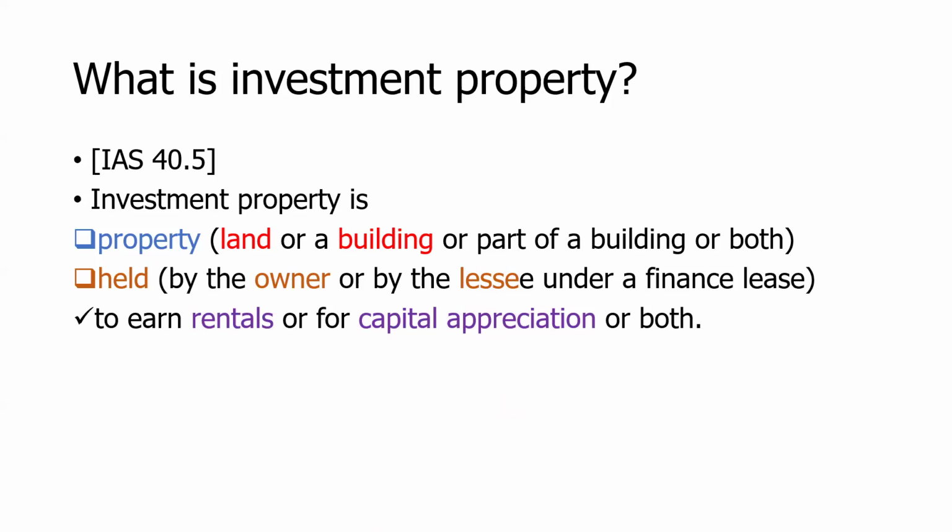So on the face of your financial statement, you have to separate investment property from PPE and also from intangible assets. We also have a standard for intangible assets: IAS 38. So on the face of your financial statement, you have to classify all these. Under non-current assets, you have PPE, investment property, and intangible assets. Remember, they all have different standards.